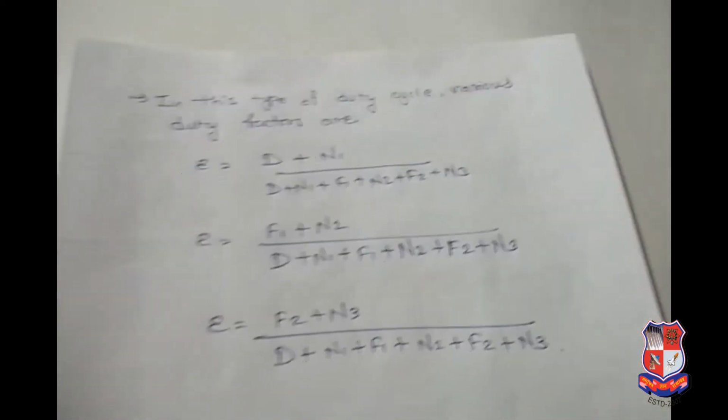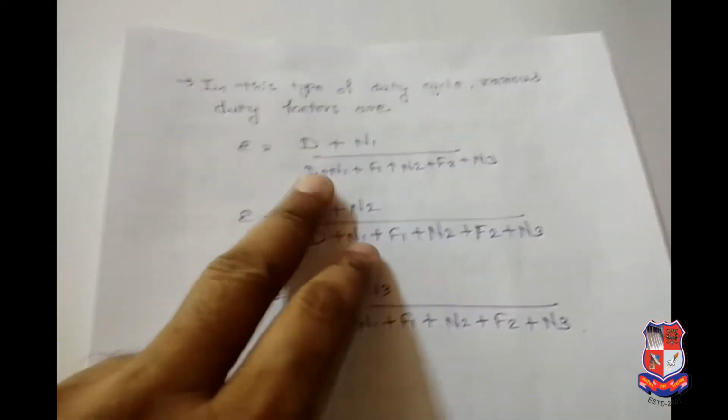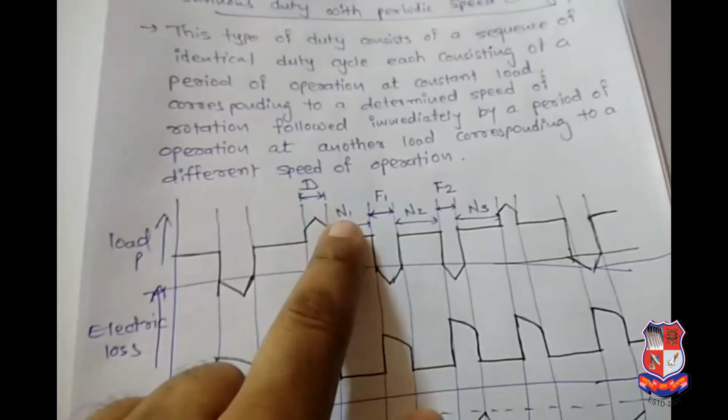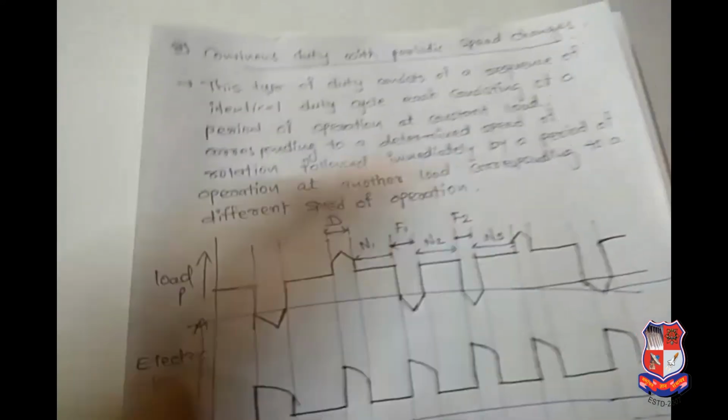So again in this type of duty we have different duty factors. One is D plus N1 divided by the whole cycle. The whole cycle consists of D plus N1 plus F1 plus N2 plus F2 plus N3.